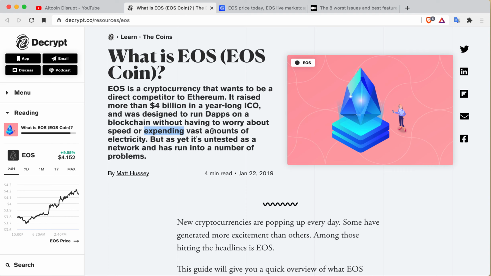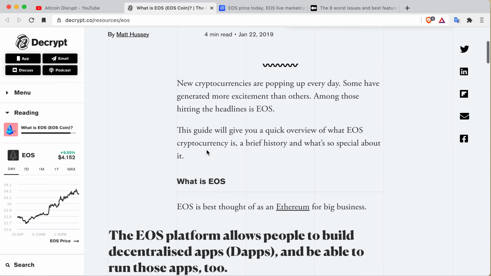The tokens were minted; they don't have to be mined, so it actually brings down electricity costs significantly. And they're using this as a point to say, well, we're more carbon neutral because you don't need a large amount of electricity to gain access to EOS, unlike Bitcoin and Ethereum. So they're trying to separate themselves. They're trying to be better and different. There's nothing wrong with that.